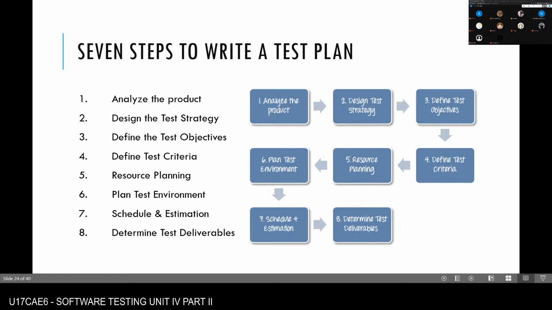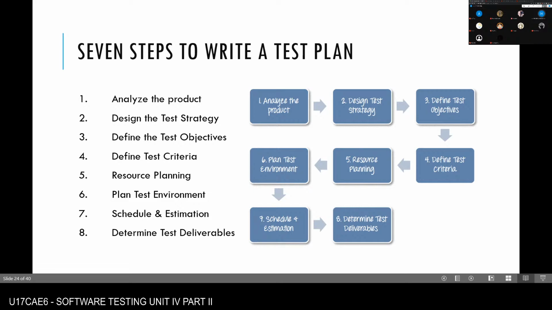So there are 7 steps, starting with analysis of the product, then the test strategy design, then the objectives, criteria, the resources being planned, the planned test environment, schedule and estimation, determining the test deliverables. Okay, so these are the 7 steps which you can expect in your examination. So we'll see each one by one.